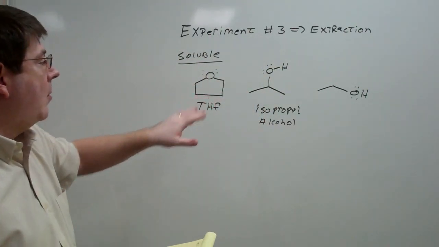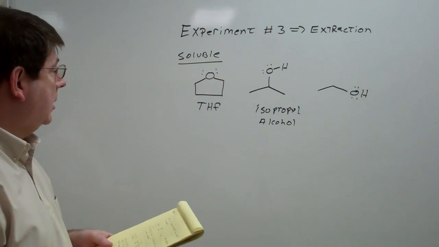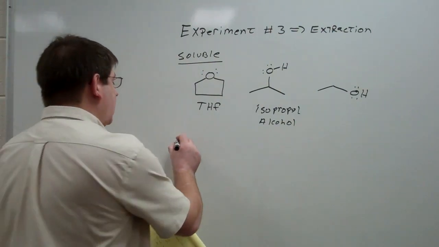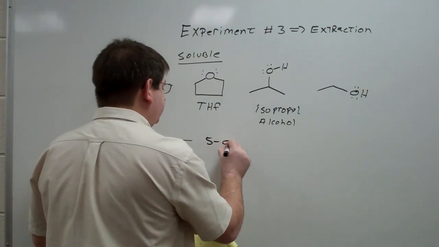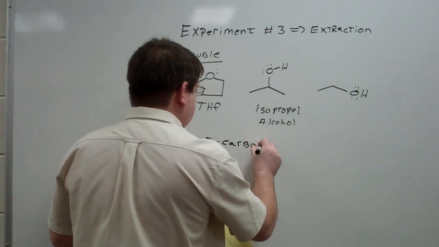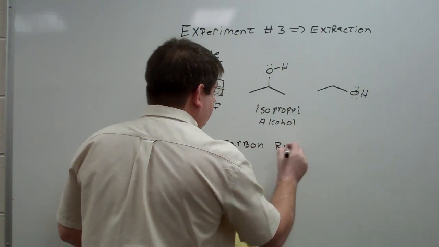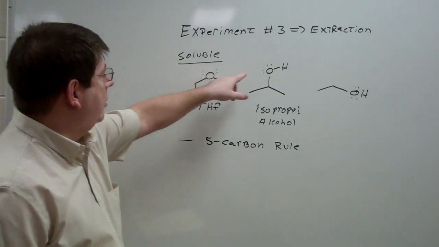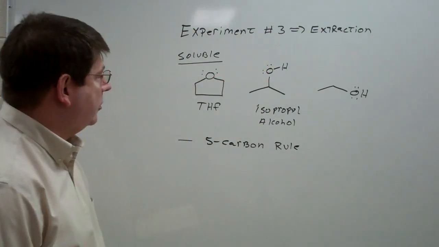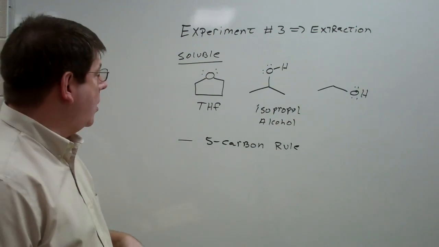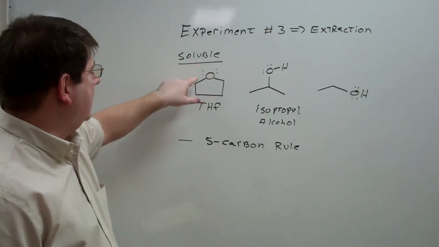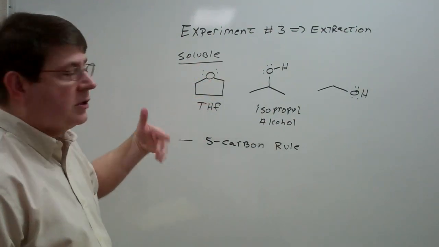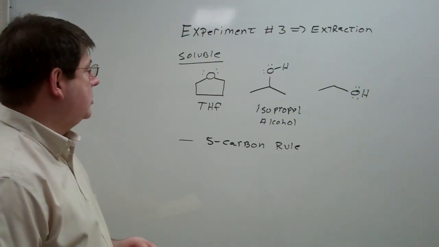So these are organic molecules that are highly soluble in water, and they're soluble because they satisfy the so-called 5-carbon rule. What you do is look at the number of heteroatoms that have lone pairs of electrons and can form hydrogen bonds with water. For each one of these, if there are 5 or fewer carbons, generally the molecule is water soluble.